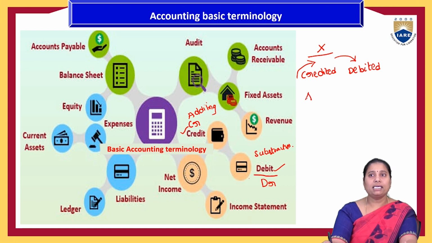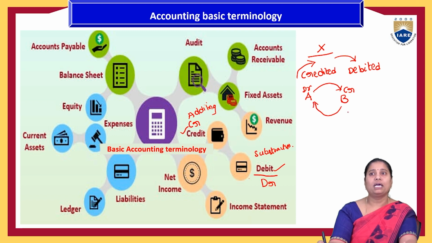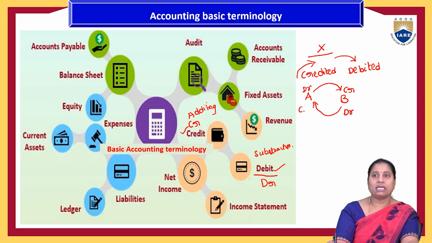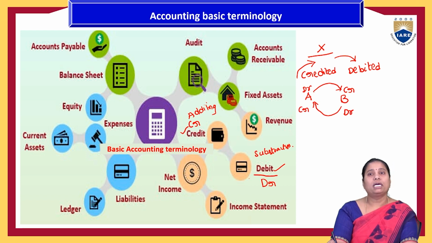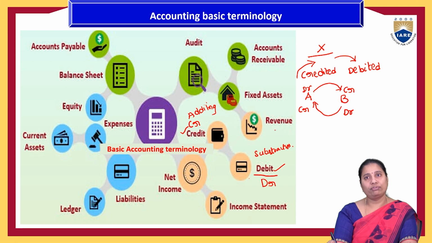Let us say A has given some money to B. Now the funds are debited from A and credited to B. At the time of repayment, B repays A, meaning again from B the funds are debited, whereas those funds are credited to A, because credit and debit are the two verbs or activities that denote the adding of funds as well as the subtraction of funds.